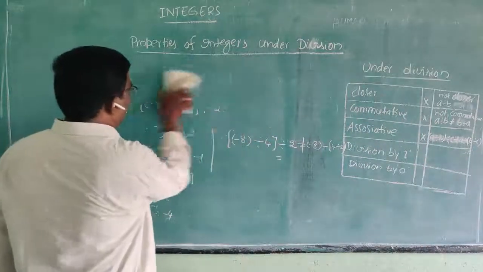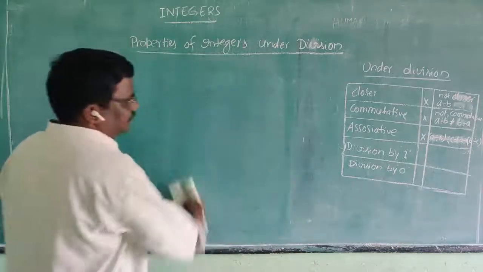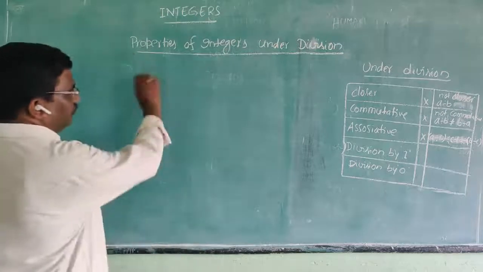This is the associative property: division is not associative.